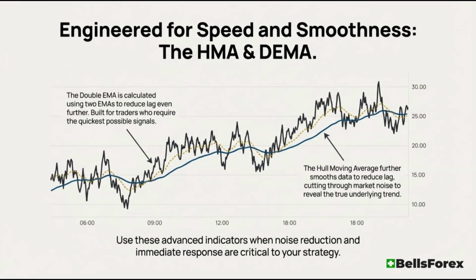It sounds like we're trading some calculation complexity for that speed, though. If pure, unadulterated speed is the ultimate goal, where does that lead us? That leads you to the double exponential moving average, the DEMA. The DEMA. Yeah, and the name pretty much tells you how it's achieved. It's calculated by applying one EMA to the data and then applying a second EMA to the result of the first one.